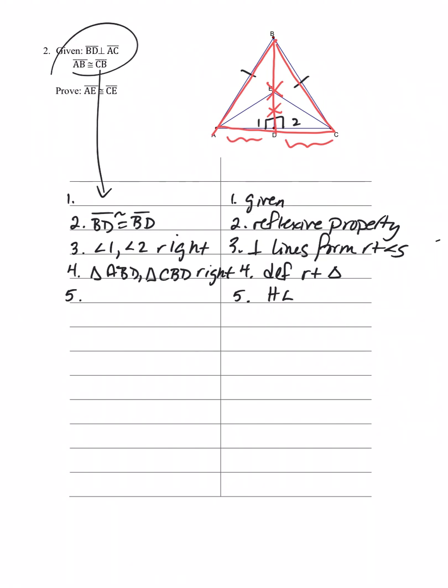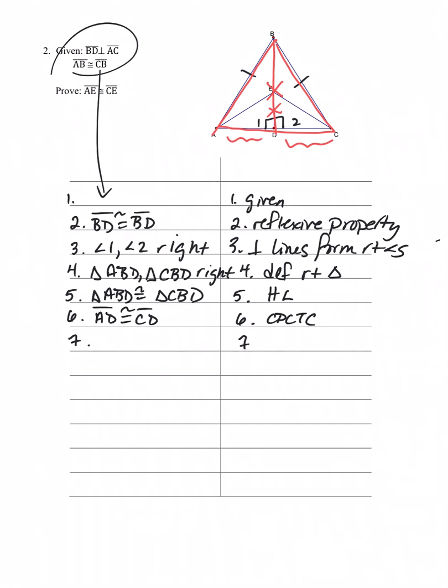You're only allowed to use hypotenuse leg after you have established that you have right triangles. So we're going to put triangle ABD is congruent to triangle CBD. All right, kids. Then we're going to use CPCTC to say that AD is congruent to CD. CPCTC.